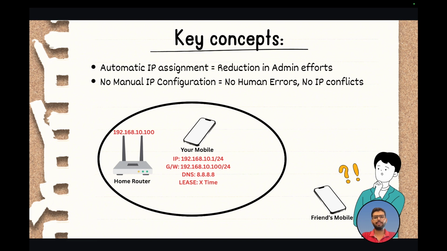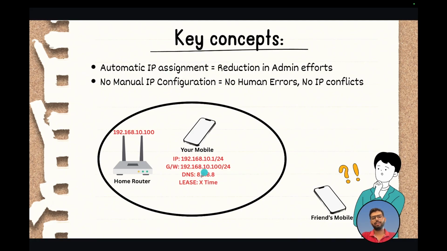This might be a problem while we manually configure an IP. For your home network, it might still be fine, but let's say you have an entire enterprise. Let's say you have your college running, and you want to provide Wi-Fi connectivity to whoever is present on your campus, right? To connect to your local network in your enterprise or college, you need an IP address.